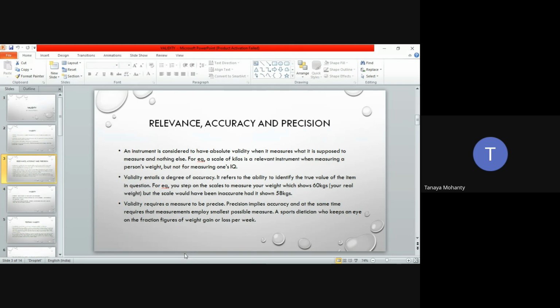What kind of weighing machine are you using, a manual or an electronic, which is more precise? Is a manual weighing machine more precise, or an electronic weighing machine?